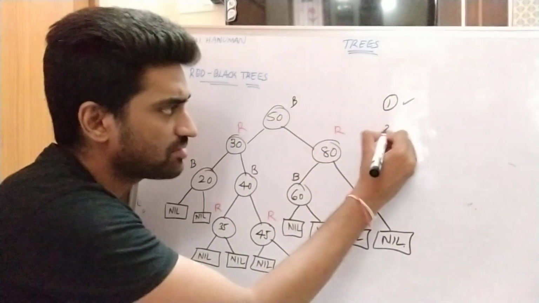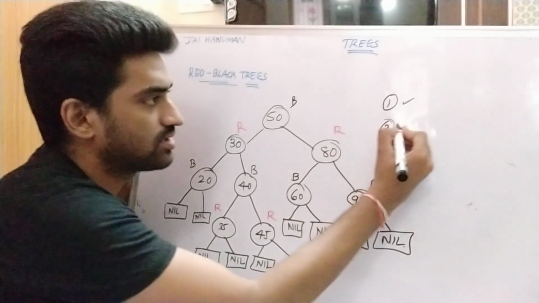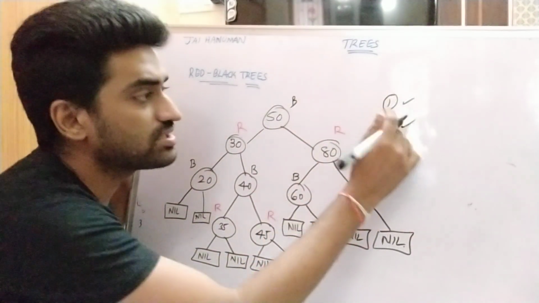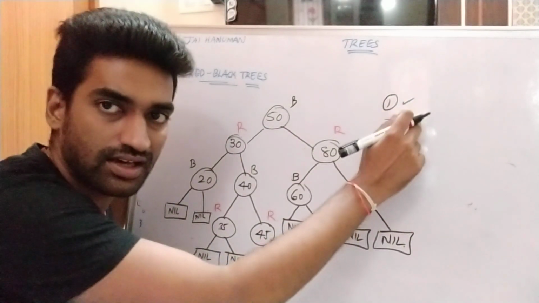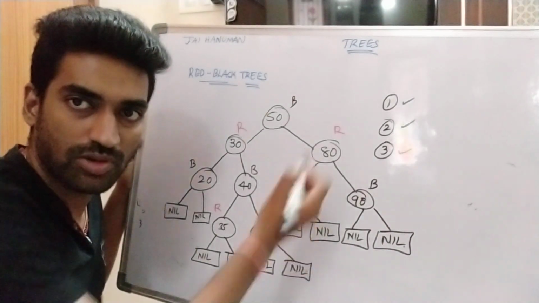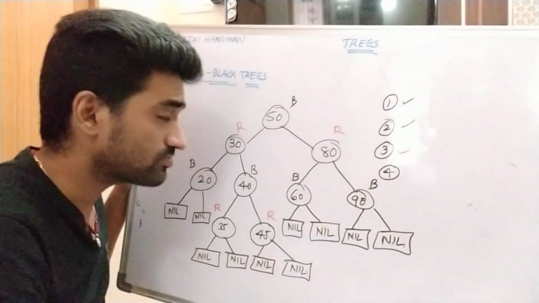Now what is property number 2? Root is labeled black. That is also satisfied. What is property number 3? Each and every node is labeled with the color red or black. That property is satisfied. Root is always labeled black. That is also satisfied. What is the fourth property?